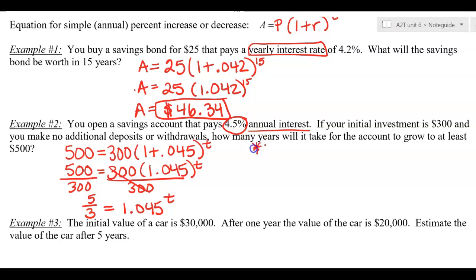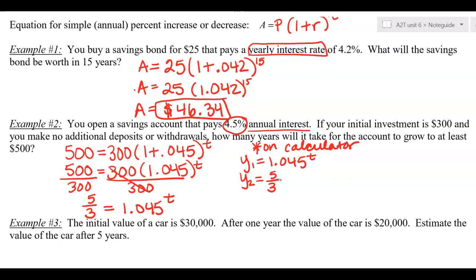So what you would want to do on your calculator is go to the graph, and like in Y1, type in your exponential function, and you want to know when it reaches 5/3. Now, you can use a lot of tools on the calculator, like the table, and see when it gets close to 5/3. But the best way to get an exact answer is then to graph as a separate function 5/3.